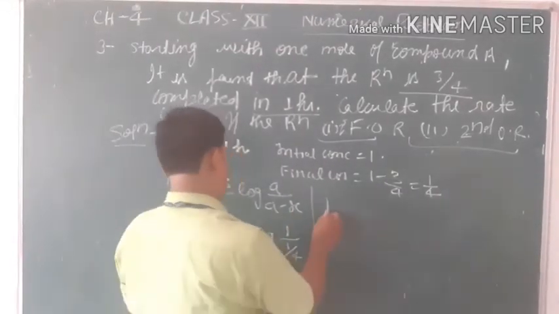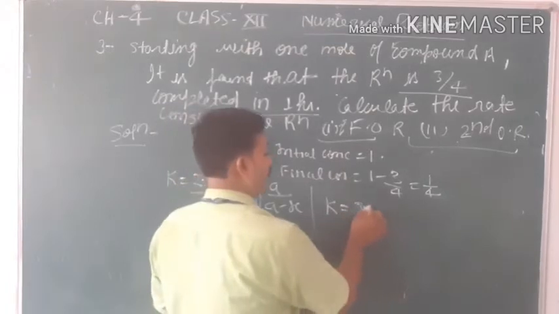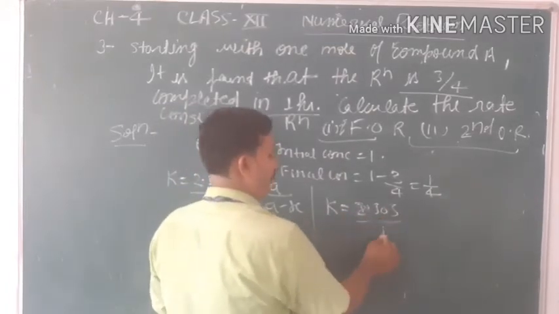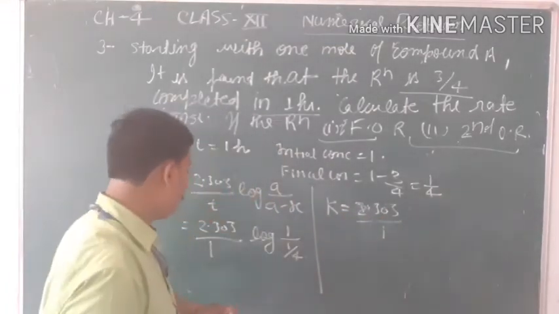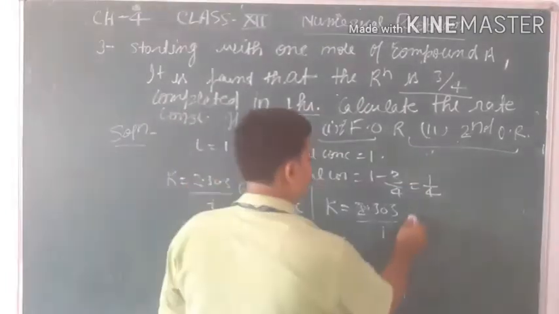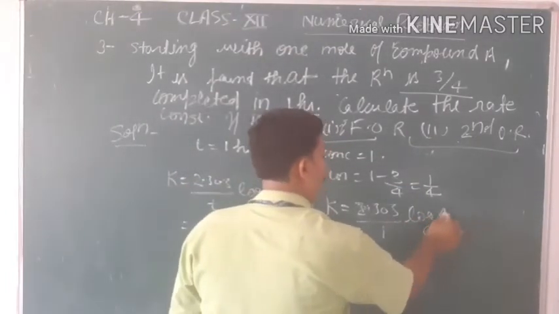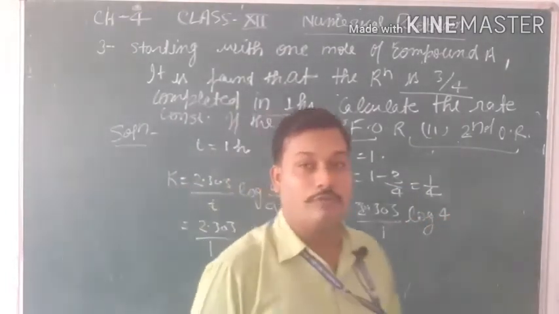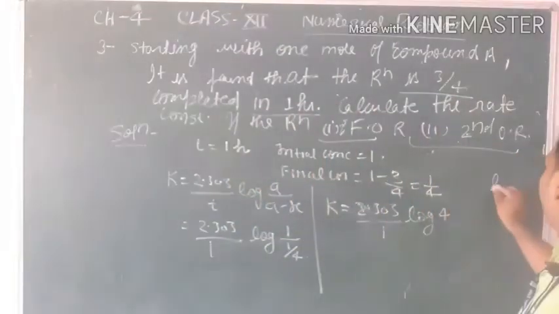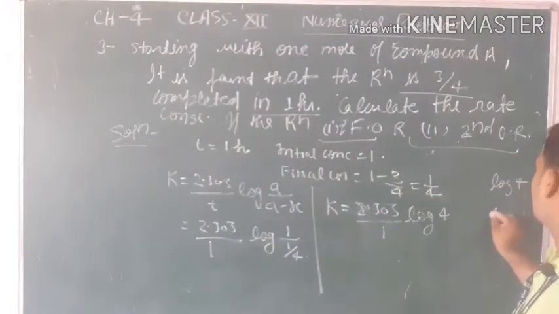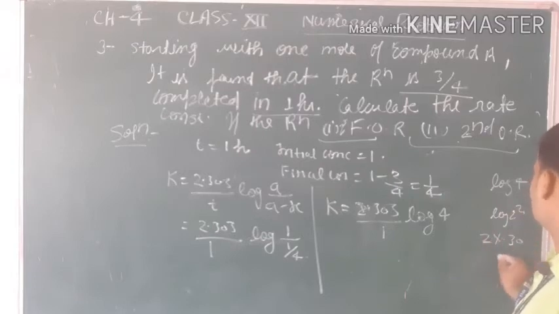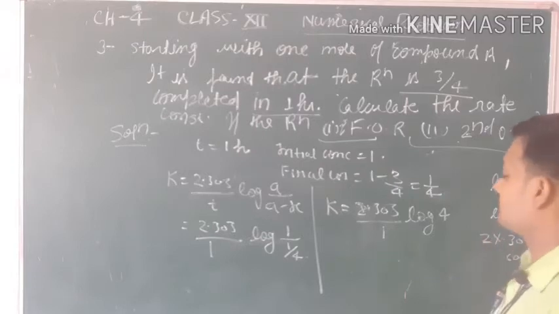We get k is equal to 2.303 upon 1 times log 4. The value of log 4 is log 2 to the power 2, that is 2 into 0.30, which is 0.60.